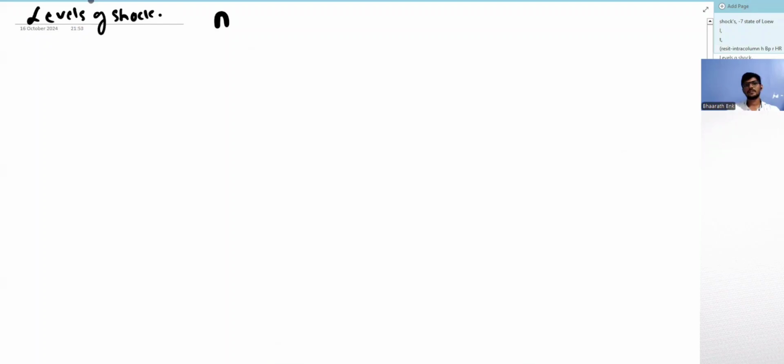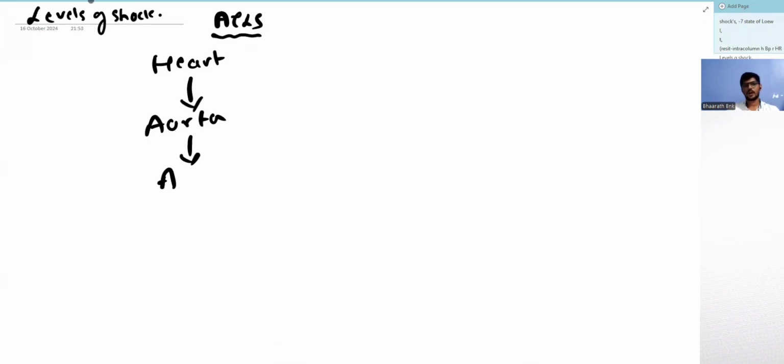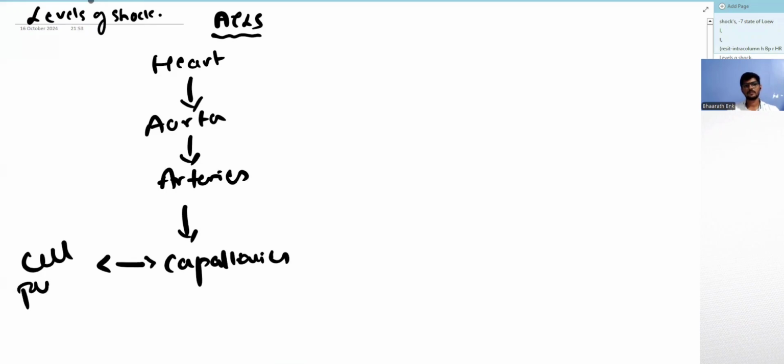The ATLS describes shock to happen in three levels. Initially, the heart pumps the blood through the aorta, which eventually enters into the arteries. These arteries eventually become capillaries, and it is at the capillaries where the cell perfusion happens.